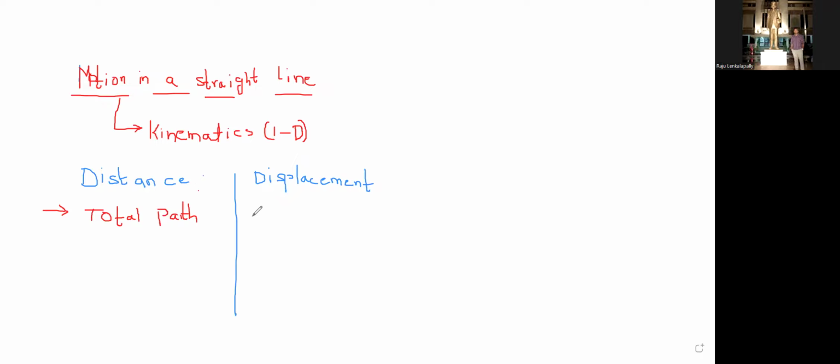Now we'll discuss displacement. Displacement means the shortest path. Distance means the total path covered, whichever direction we go to reach the final place.